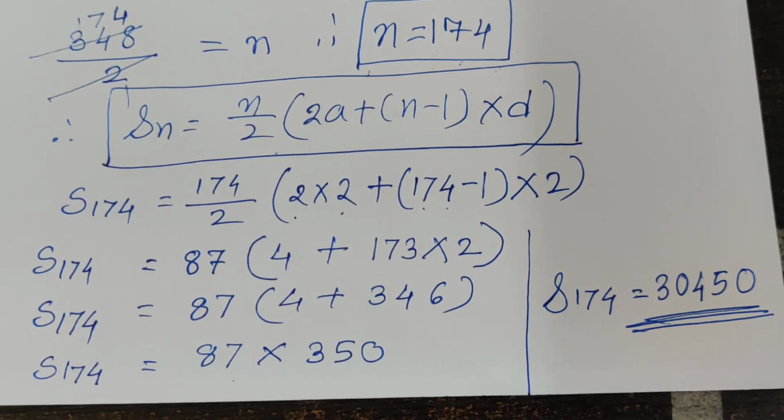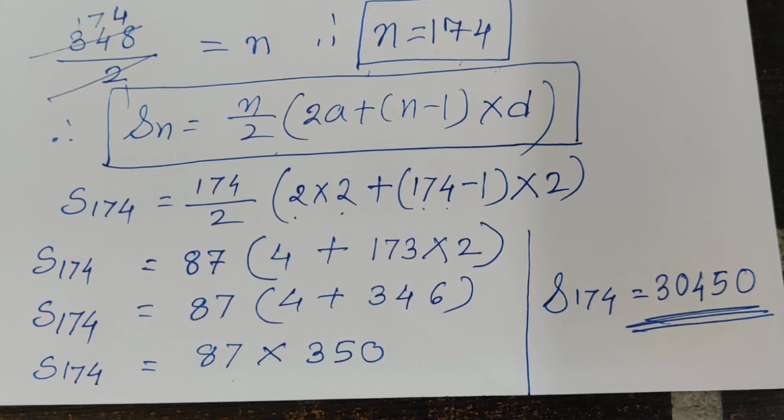That means the first term in this sequence is 2. Though 350 is an even number, we cannot take it. So before that the even number is 348. So here a, the first term, is 2. d is also 2, and Tn we are getting is 348.